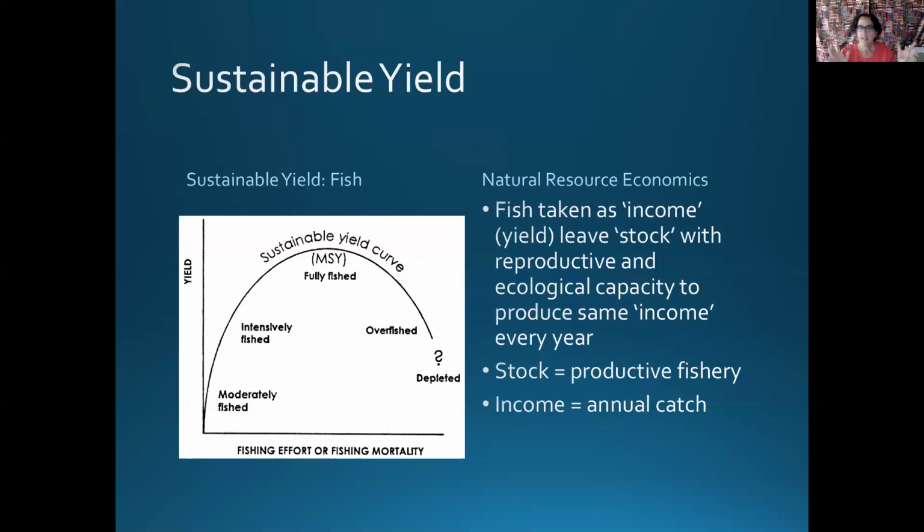So in this case, the reason I'm talking about this is that a stock in that sense is just a group of fish, any one of which can be part of an income from that year. And so the stock is actually the reproductive and ecological capacity, and the income is how many fish you catch. So that's a stock and a flow, sustainable yield.